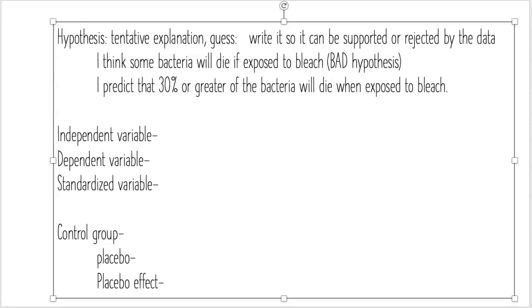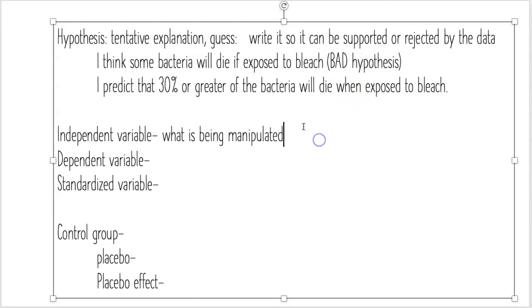and we're going to design our experiment. We need to figure out what we are manipulating. This is known as your independent variable. The independent variable is what is being manipulated. What are you changing?